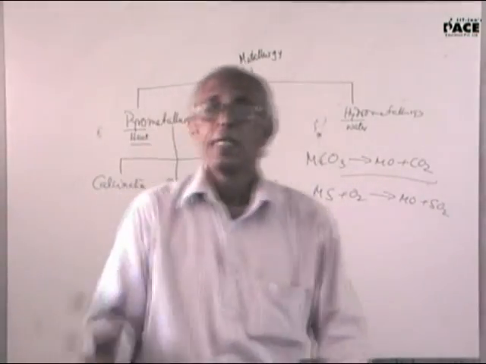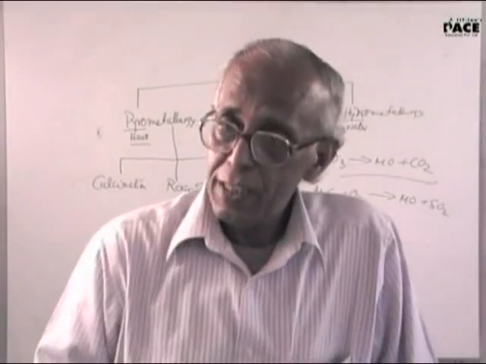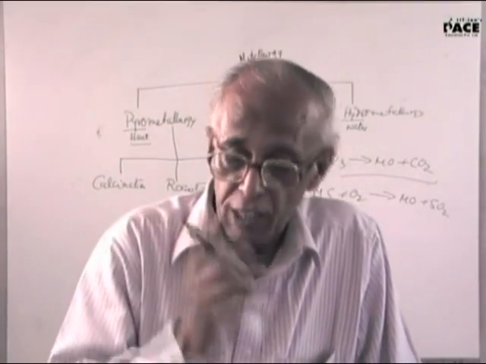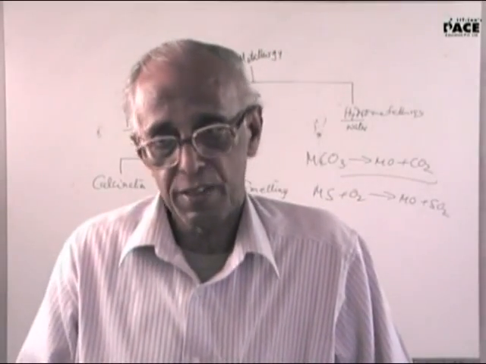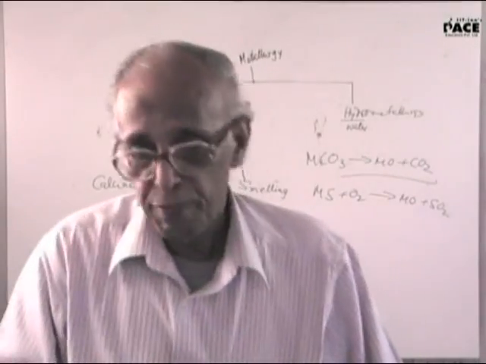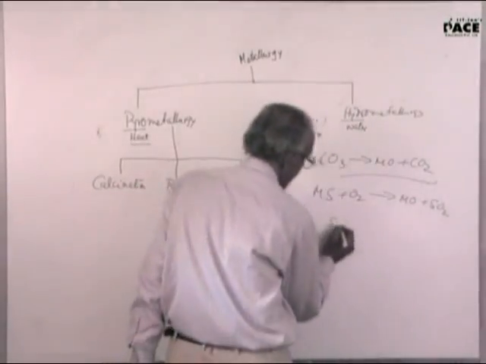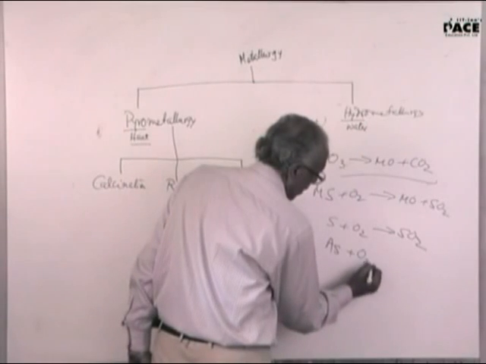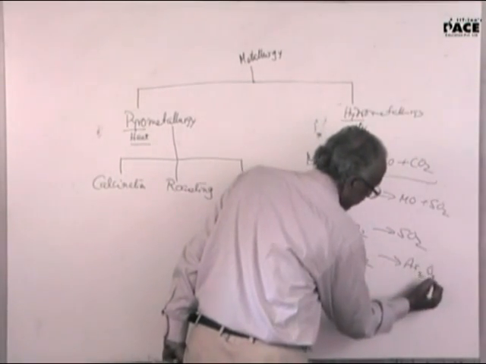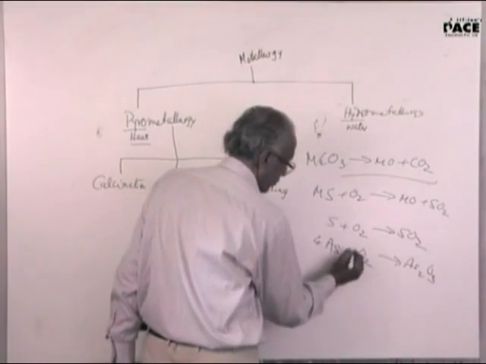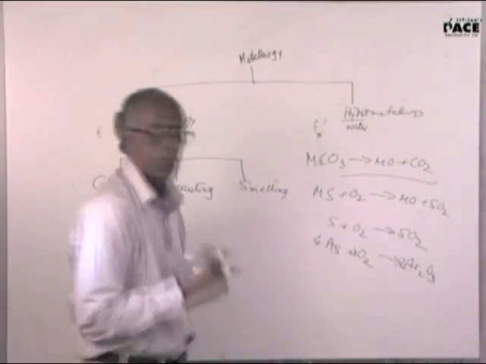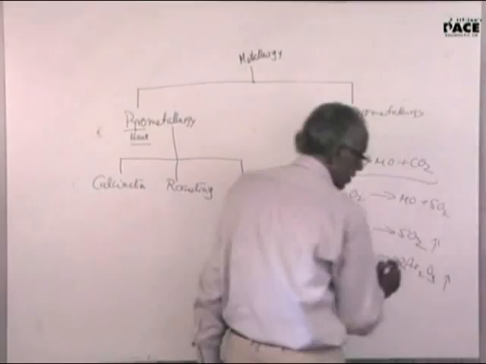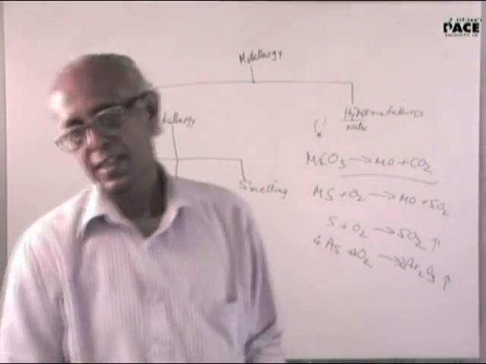So what I said, heating of the ore below its melting point in presence of oxygen to convert metal sulfide to metal oxide and sulfur dioxide, to remove sulfur as sulfur dioxide, to remove arsenic as arsenious oxide. They are all volatile. That is known as roasting.